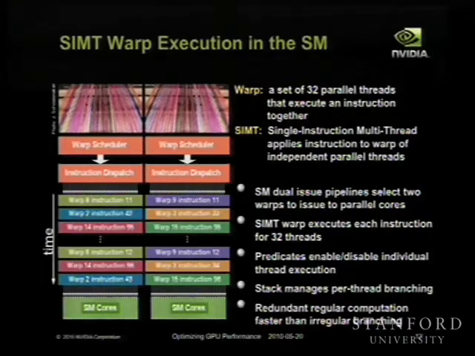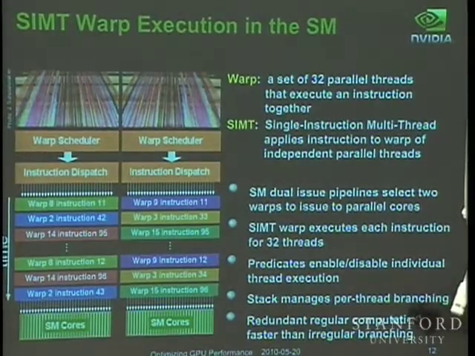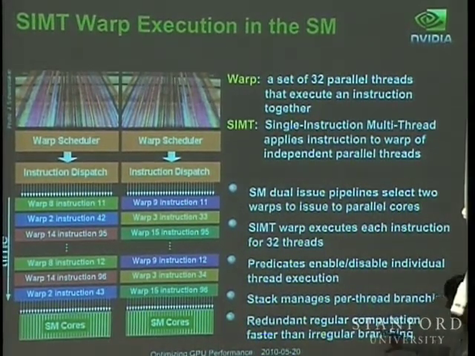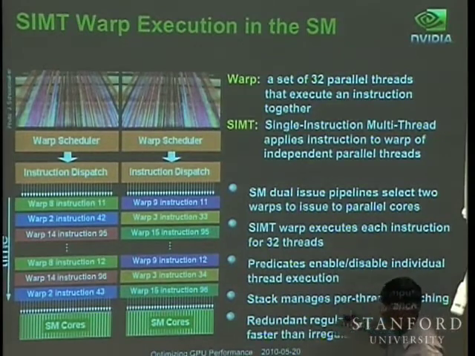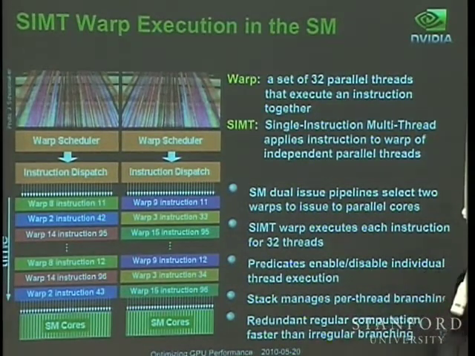There is branching control, and the hardware handles all branching automatically. So it's okay to do irregular computations that have lots of if-then-else statements in them. They work fine. But if you can make a redundant regular computation, it might be faster than one which is irregular and branchy.